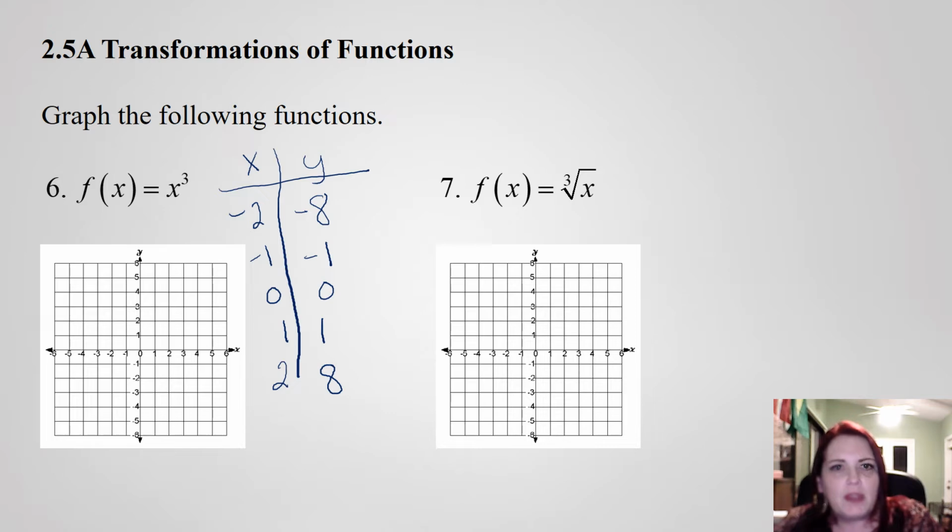I did that wrong. Let's erase that. Because negative 8 is going to be down here in the third quadrant. Come through here and come up like that.